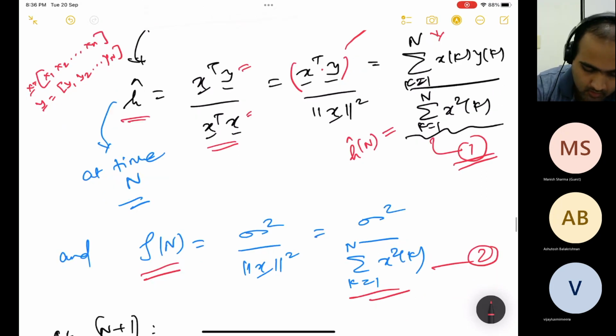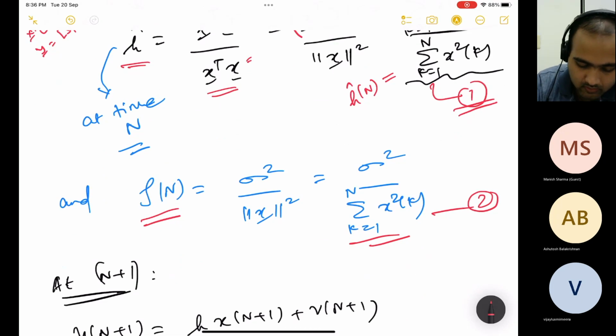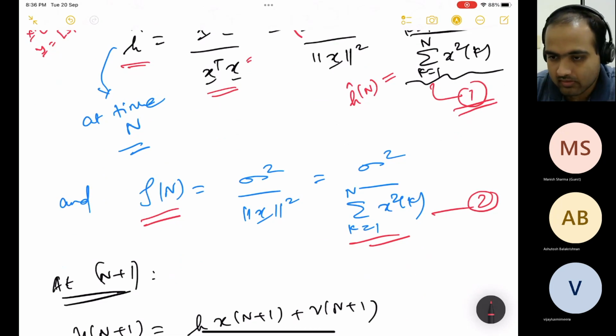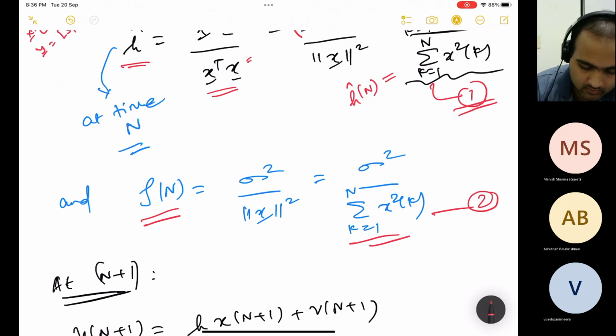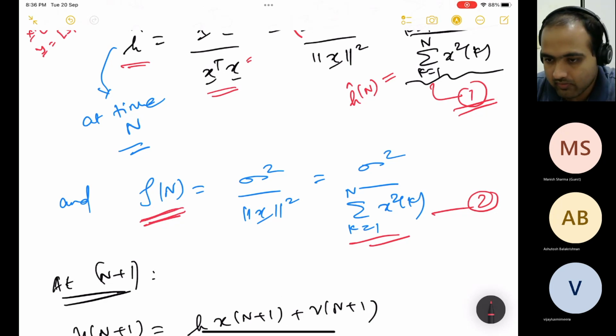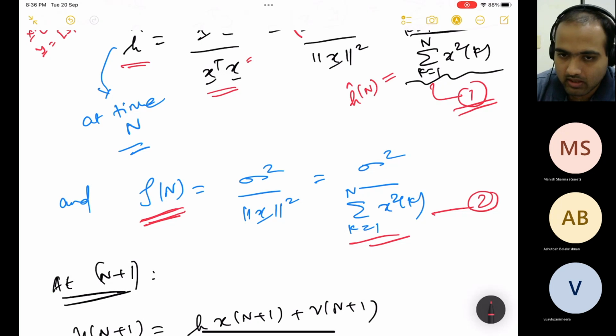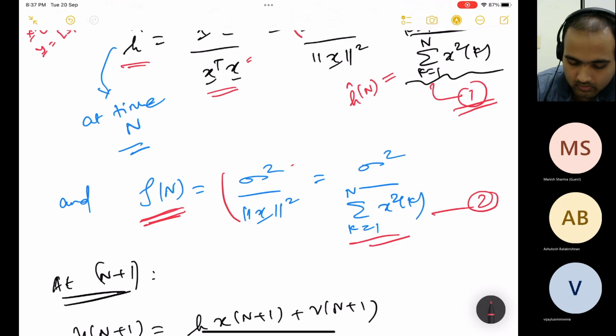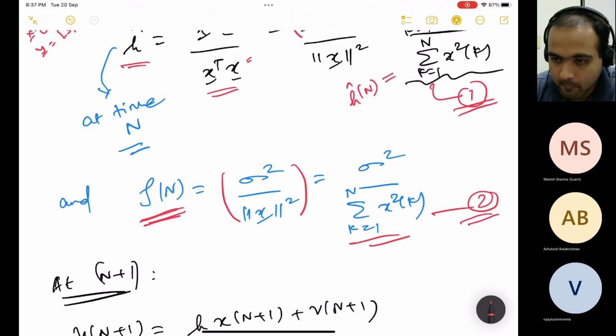Let us also define the variance of error in the estimate. From our previous classes we know that if I denote it by rho of n, my error in the estimate, then that is sigma square over x transpose x, as shown in equation 2.